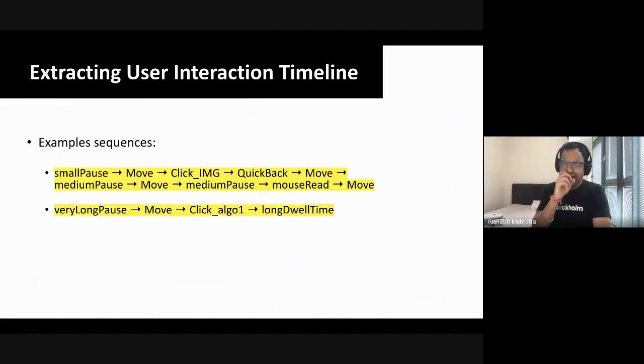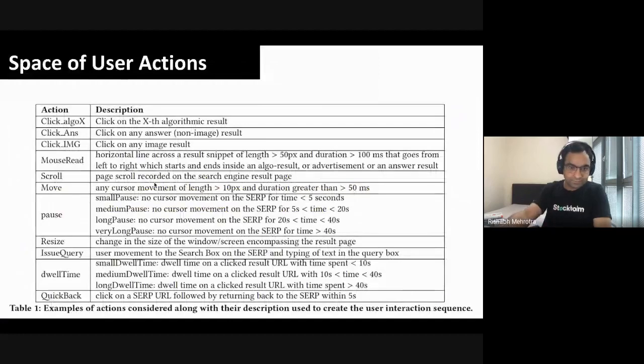A mouse read is something which we define as a horizontal line across a result snippet of length greater than 50 pixels and duration greater than 100 milliseconds. That goes from left to right, and it starts and ends inside an algorithmic result. If you look at how users interact with search engine results, oftentimes these results give you a URL followed by some snippet text.